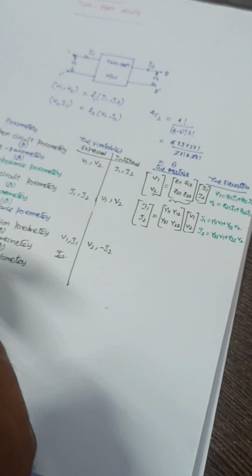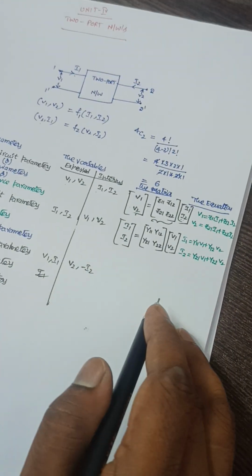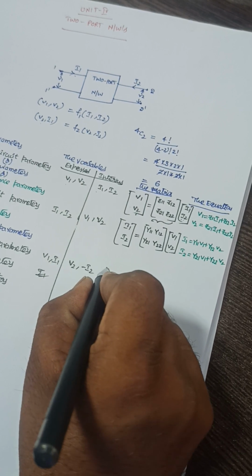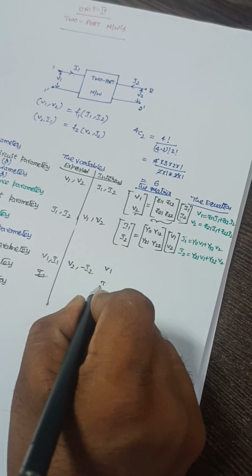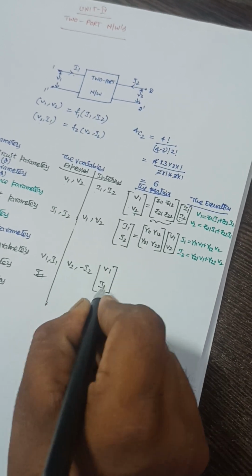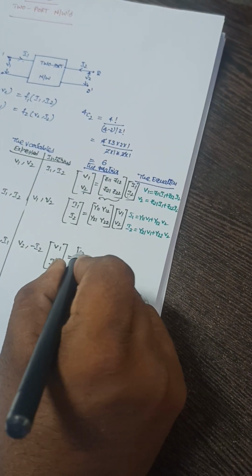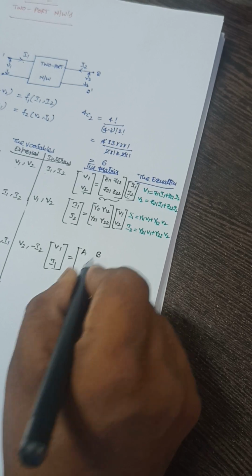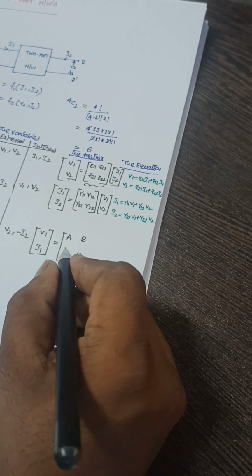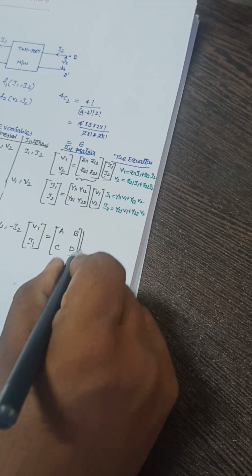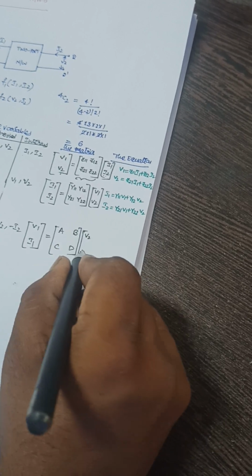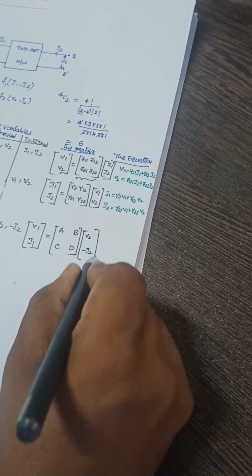If I write it in vector matrix form, V1 and I1 is equal to the matrix A, B, C, D times V2 and minus I2.